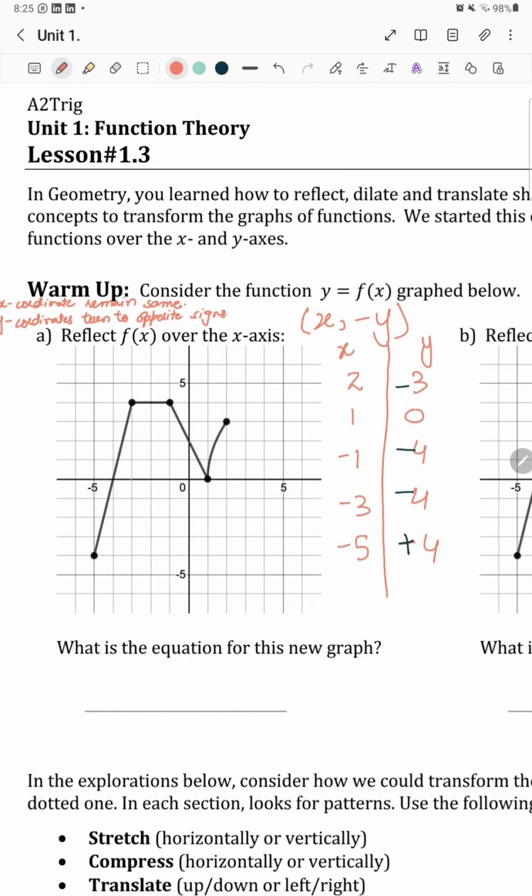Okay, so x is the same, just change the y. 2 and -3, 1, 2, 3. 1 and 0 would be the same. -1 and -4, 1, 2, 3, 4. -4 here, and -5 and +4.